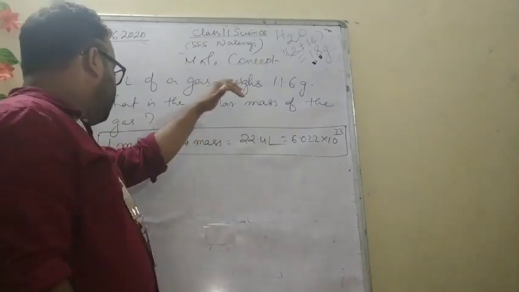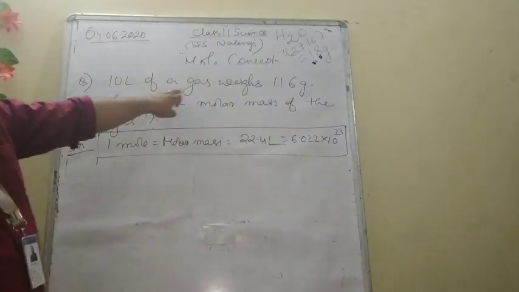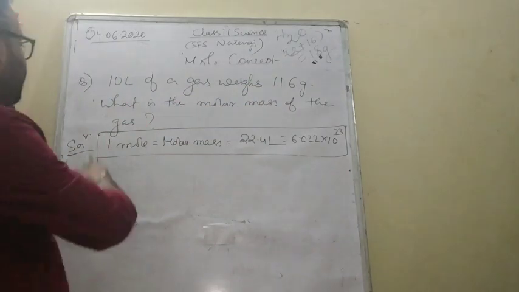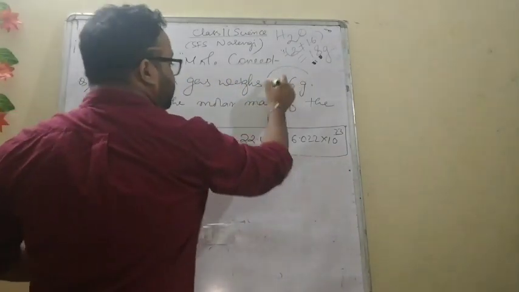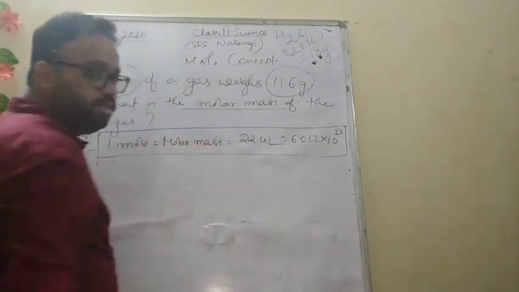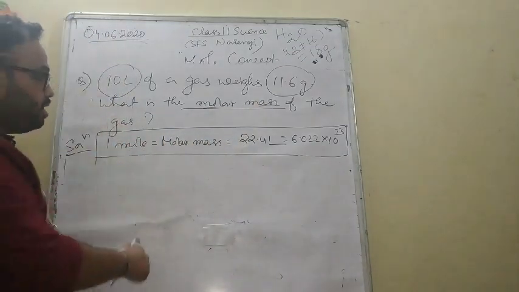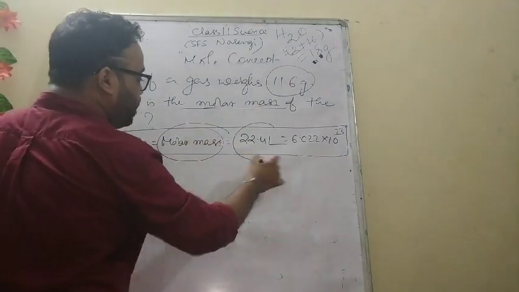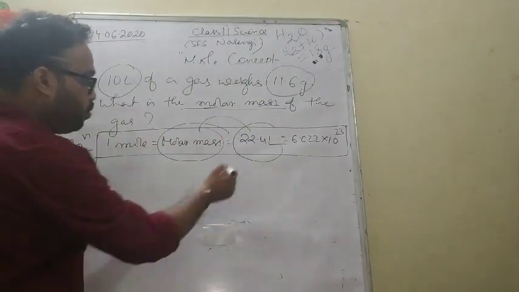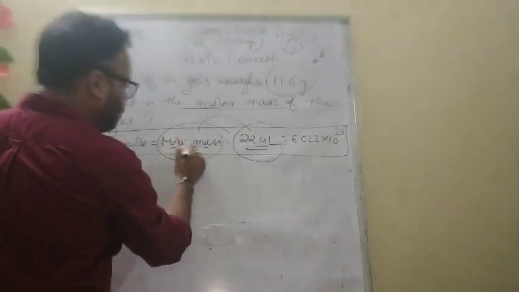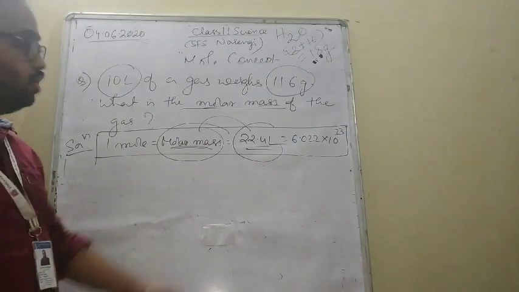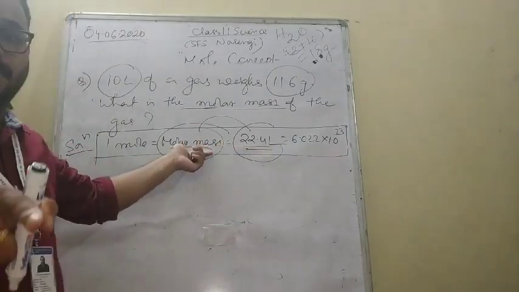So now they have told you 10 liter of a gas weighs 11.6 ग्राम. मतलब 10 लीटर गैस का वेट है 11.6. तो मोलर मास कितना होगा? तो तुमको मोलर मास पूछा है ना? Volume is given. So मोलर मास एंड वॉल्यूम का क्या रिलेशन है? That 22.4 लीटर में you get the molar mass. 22.4 liter में you get the molar mass.